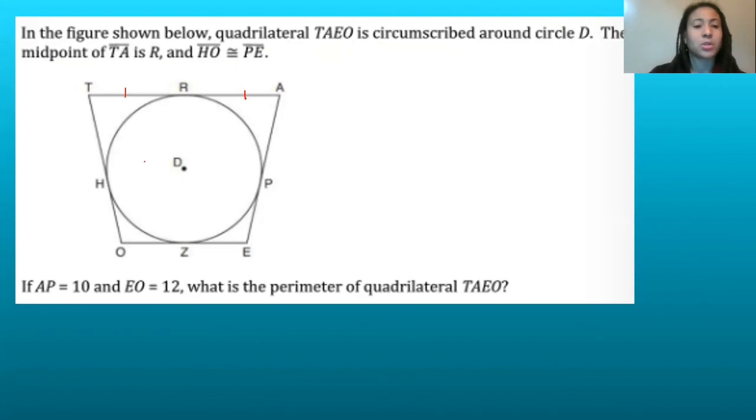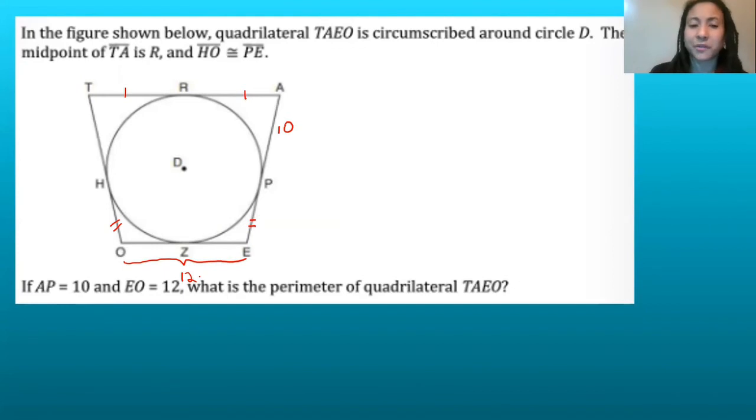Then it also says HO is congruent to PE, so I'm just going to mark that. Then it says AP is 10, and EO is 12. And then we want to find the perimeter for the quadrilateral TAEO.